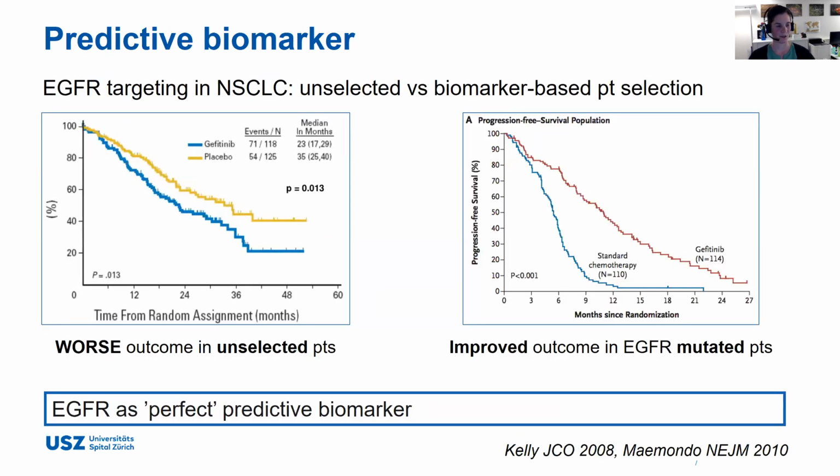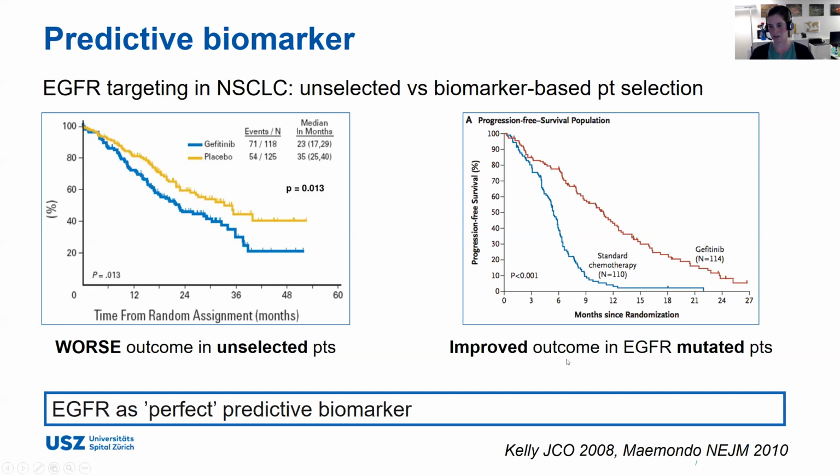But in the end, what would be the goal is to have a predictive biomarker. So prognostic is nice, but even better, we would like to have predictive. And we would like to have something like EGFR for non-small cell lung cancer. We know that if we give gefitinib, which is a targeted therapy, to an unselected cohort of patients, in the end, the patients have a worse outcome in comparison to a placebo.